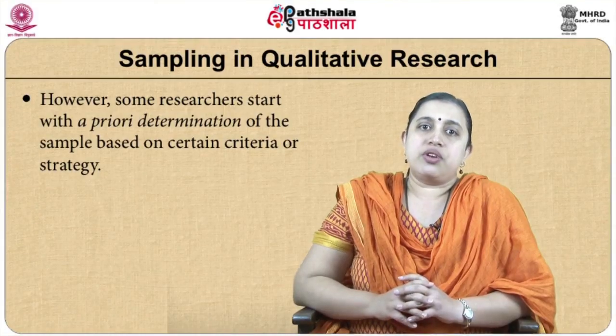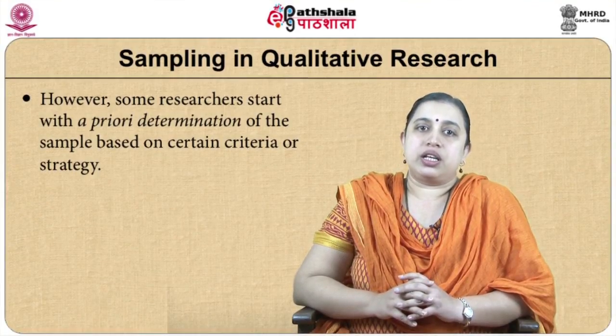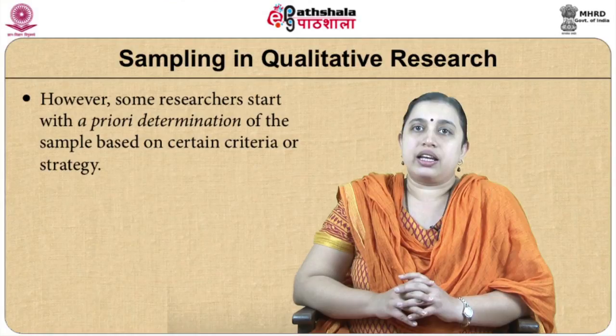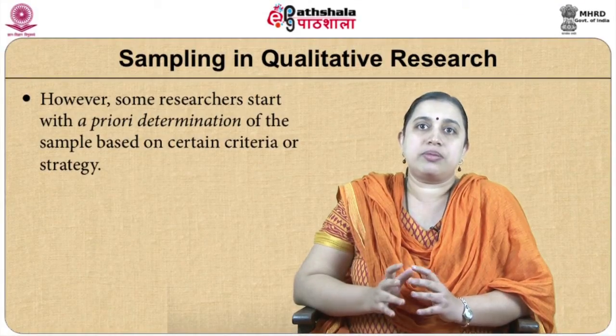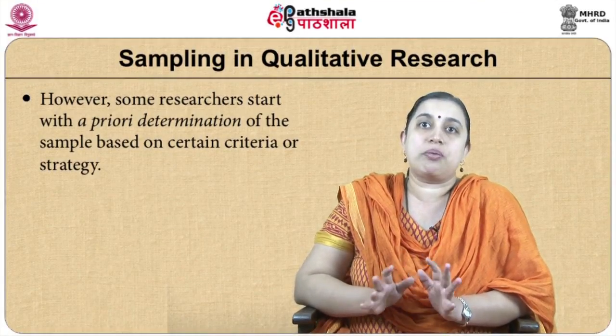However, some researchers start with a priori determination of the sample based on certain criteria or strategy, because every time this theoretical saturation might not be feasible. And also, when you are giving a proposal for funding, you need to have some idea about the sample size of your study.